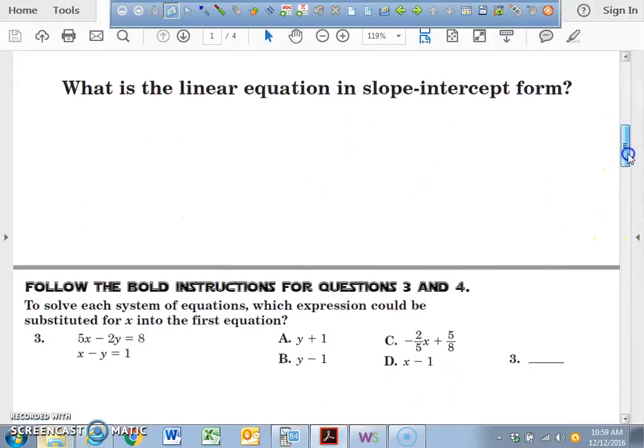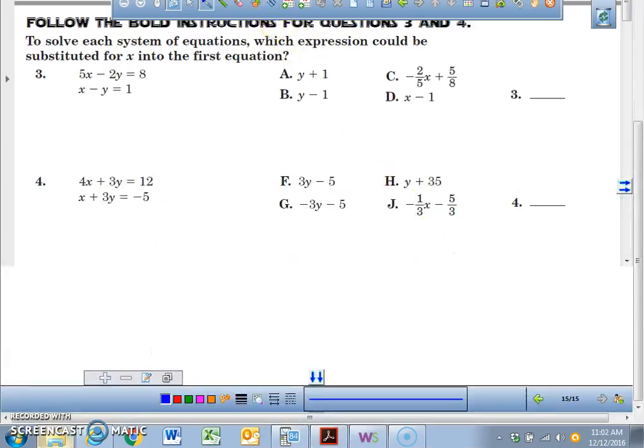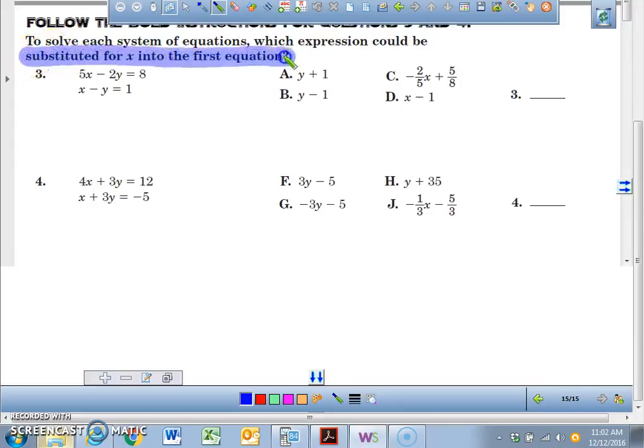All right, moving down. I want you guys to look at problems number 3 and 4. I'm going to pause it and let you guys write down the pertinent information. You're going to have 2 questions that look exactly like this with just the numbers changed. It says to solve each system of equations, which expression could be substituted for x into the first equation? So you're substituting into this equation, which means you have x minus y equals 1.